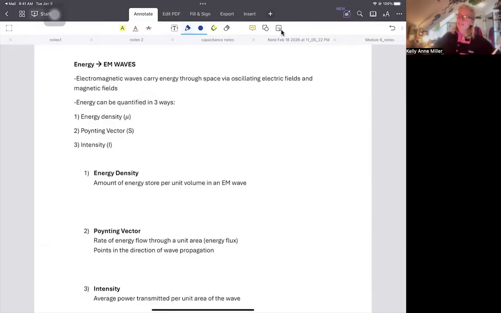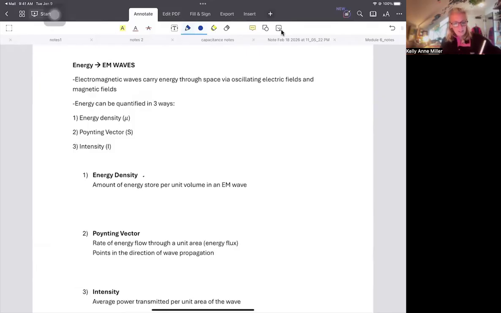So let's talk about energy density first, whose symbol is mu. It is the amount of energy stored per unit volume in an E&M wave.